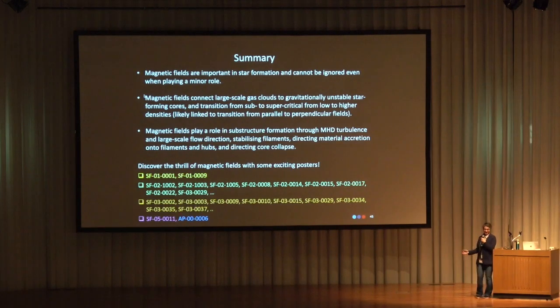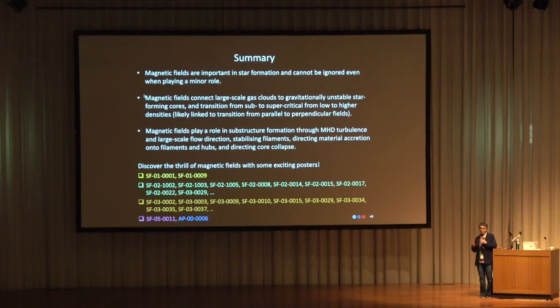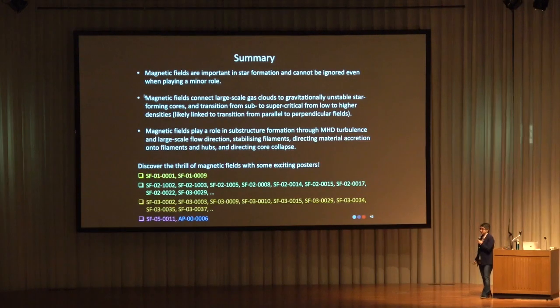So in summary, we've made significant progress in the past few years. Finally, after decades of work, we are emerging to a qualitative understanding of the role of magnetic fields in star formation. And it would be really interesting to start quantifying this in the next few years.